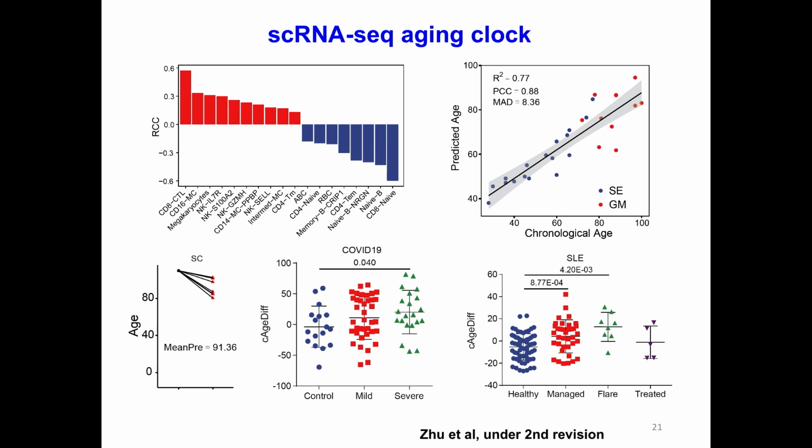For this single cell RNA clock, we can see that the cell type contributing the most to our aging clock is the CD8 cytotoxic T cell, which increases dramatically with age. And also the naive CD4 cells and naive CD8 cells decrease with age.